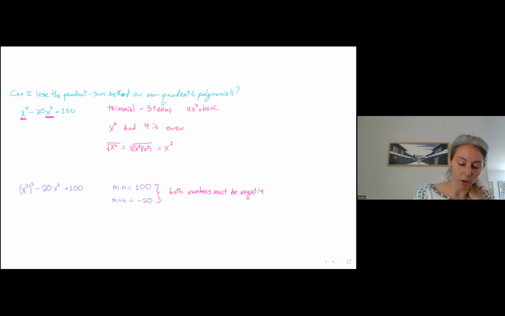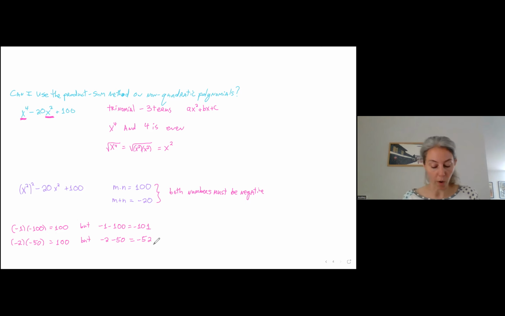If we're a little unsure what those 2 numbers are, we could say -1 times -100 is equal to positive 100. -2 times -50 is equal to positive 100. Oh, but up here, -1 minus 100 is -101, which is definitely not -20. And here, -2 minus 50 is -52, which is definitely not -20.